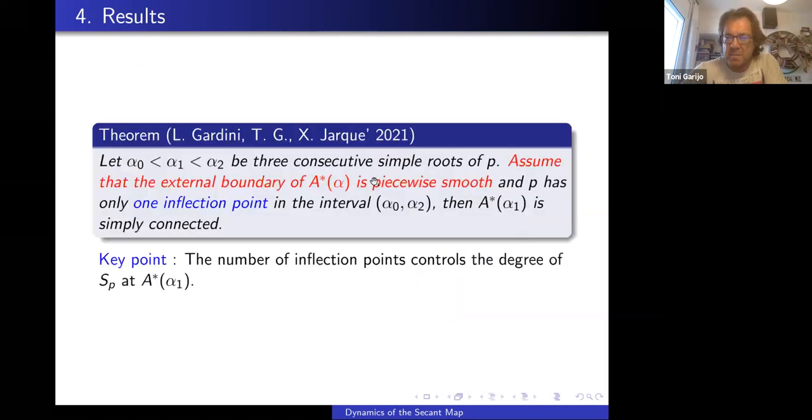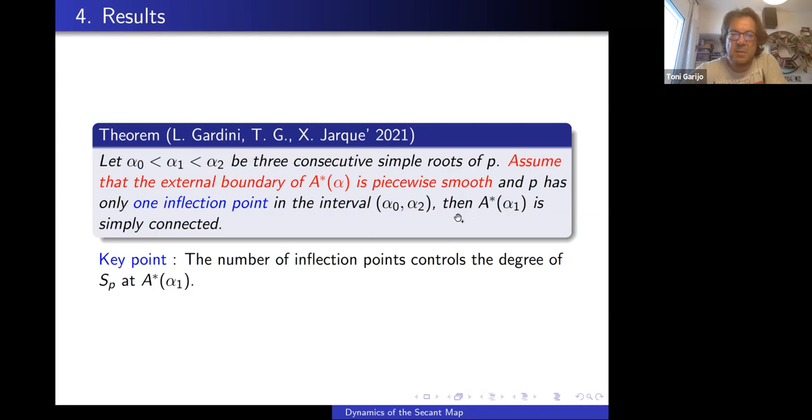In the same way as for the other proof, we need to assume that the external boundary is piecewise smooth, but we are able to prove that if there are 3 consecutive simple roots, and in this interval the polynomial has only 1 inflection point, then the immediate basin of attraction is simply connected.